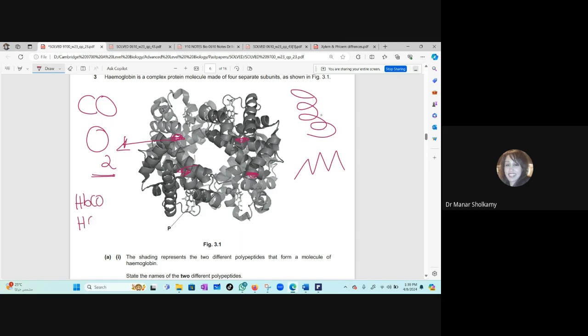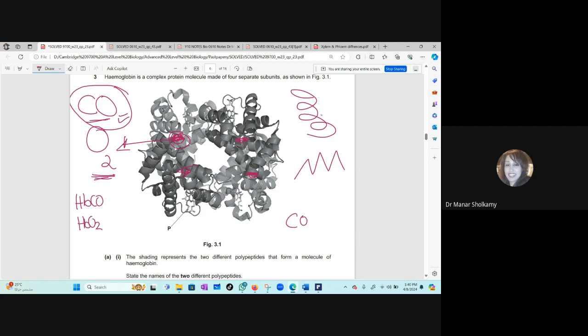When the hemoglobin binds with the oxygen, it is oxyhemoglobin. So these two compete for the same binding site, the iron or the heme group. But the carbon monoxide always wins because it has a higher affinity.